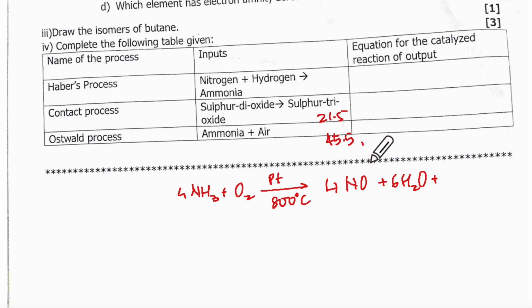Which one is 21.5? Come on, quickly check. Y'all are confused. I'm drinking water. Come on, check fast. Throat has become dry. Catalytic oxidation of ammonia is 21.5. Yes, ma'am. This one is 21.5, and you all told me here it is 45.5. Correct or no? Come on, correct yourself.